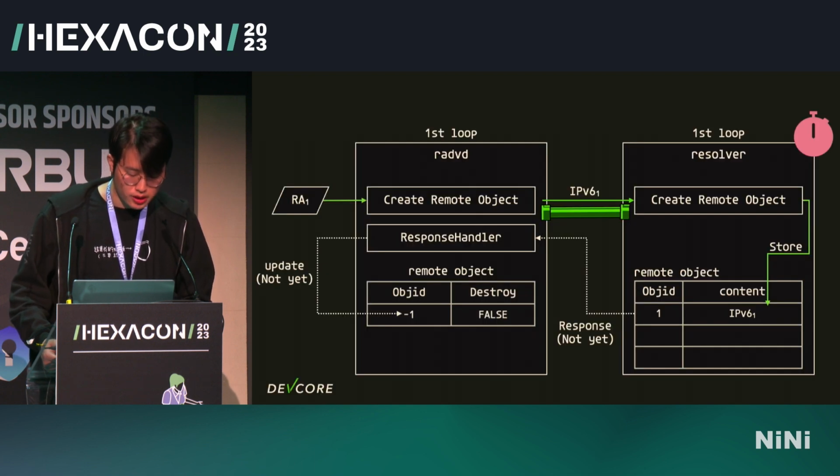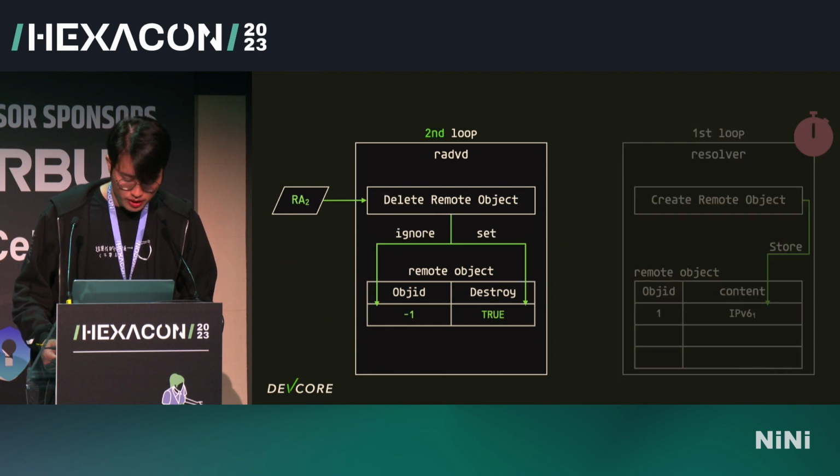Apart from the notification, the resolver should send a response back to tell RADVD the object ID of the remote object it just asked for. But if we send the second RA quickly before the resolver sends the object ID back, the RADVD can only mark the old DNS remote object as destroyed.